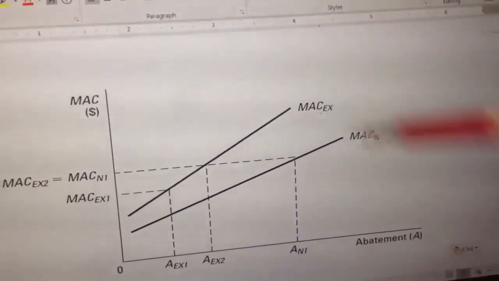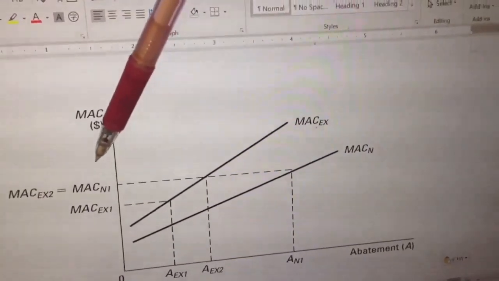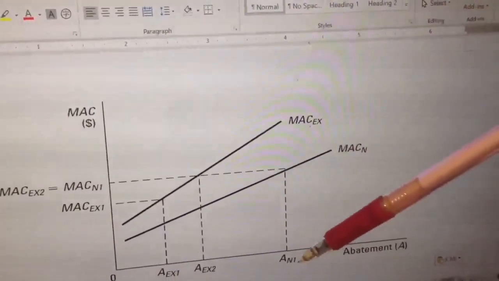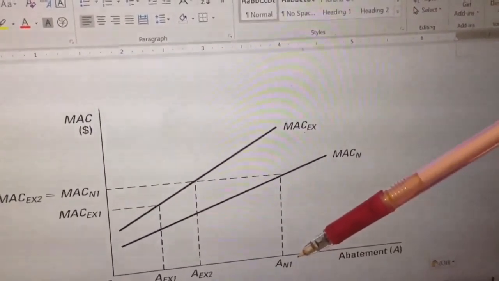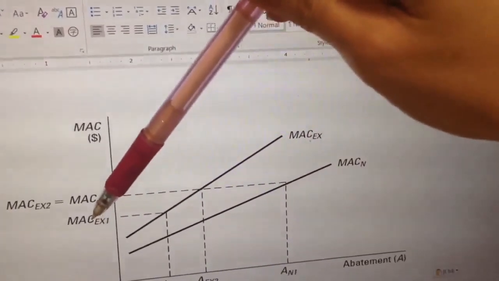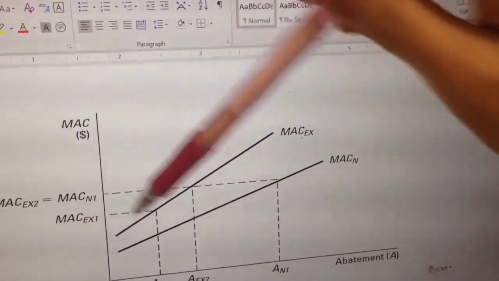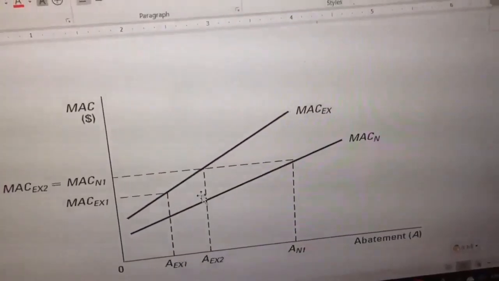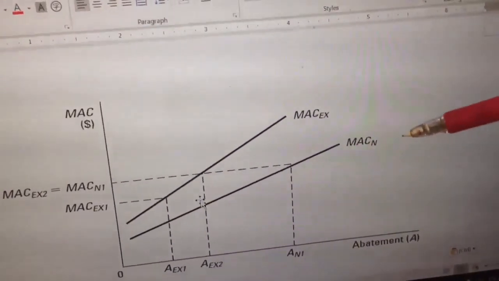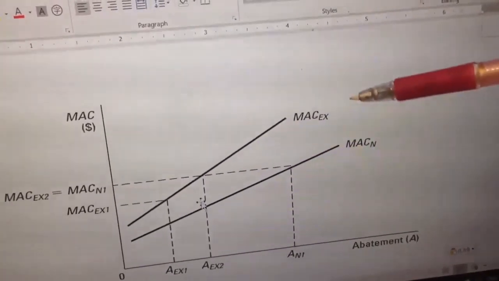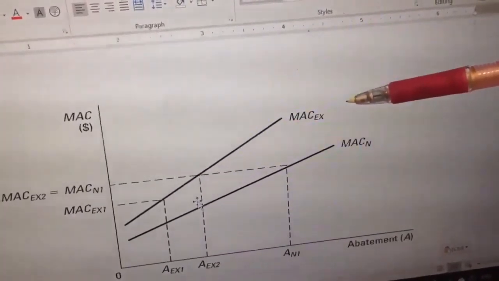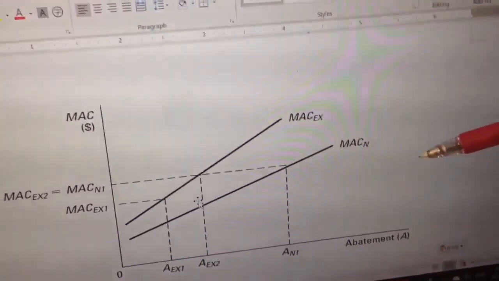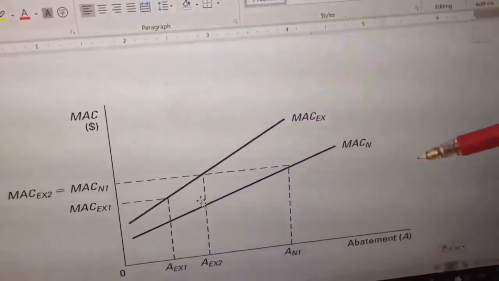And we can see MAC N1, corresponding to AN1, is higher than MAC X1, which corresponds to AX1. And the MAC N curve is lower than the MAC S curve to illustrate the more advanced control technology available to a more modern facility.